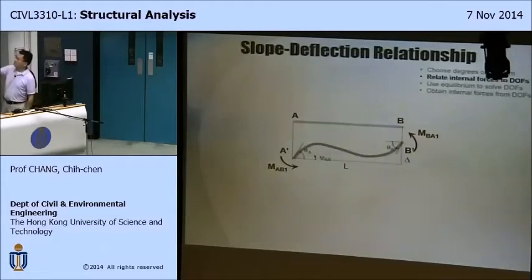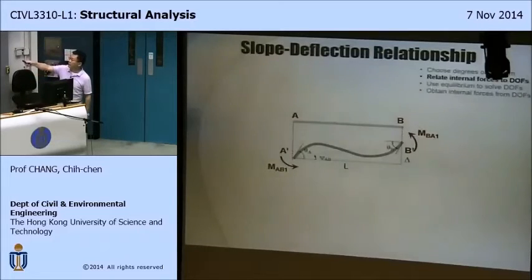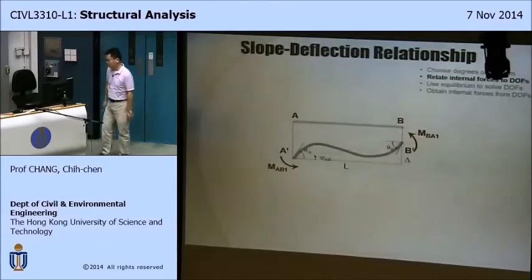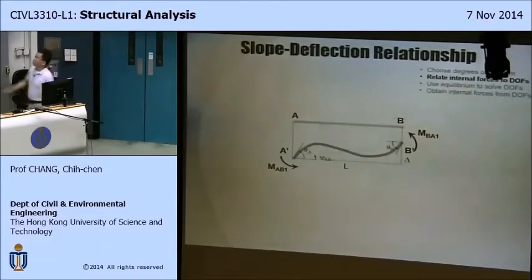So that's the geometry of the deformed configuration. You have the rotation angle, and you have the rigid body rotation angle, which reflects the relative displacement between A and B. So we want to connect these two end moments to all the degrees of freedom that I showed on the board.